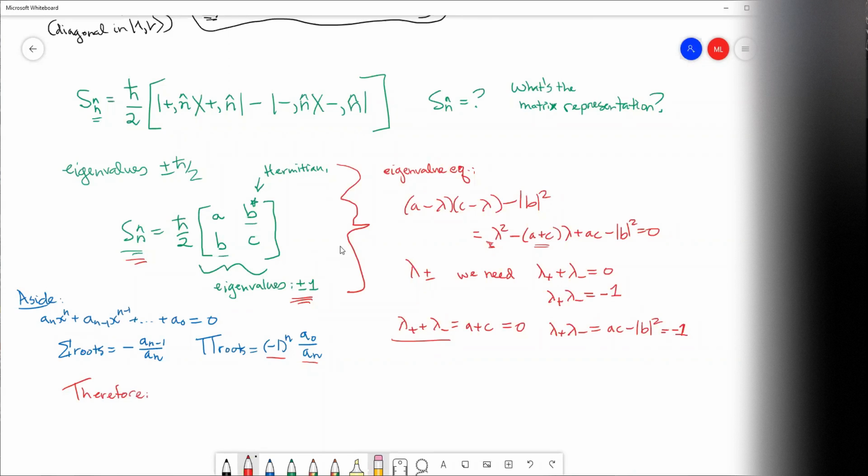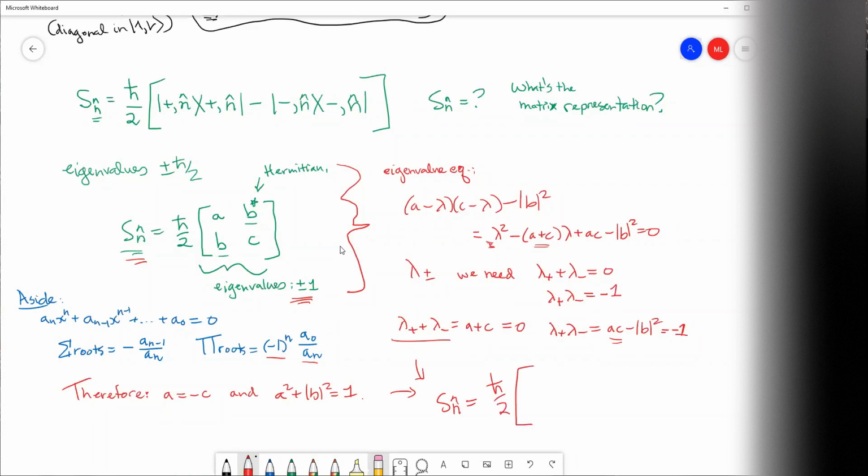Okay, so if we need that, then you see that you must have a equal to minus c. And moreover, if a is equal to minus c, then you also have a squared plus b squared equal to 1. So you can immediately conclude that S n hat is h bar over 2.